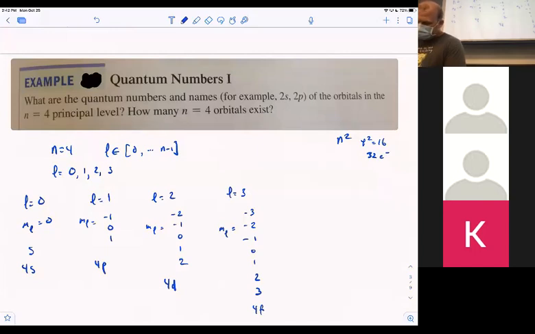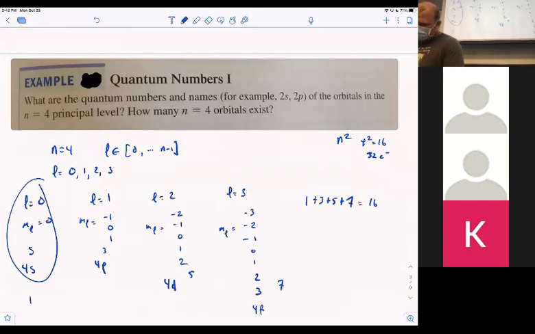There's one 4s, there's going to be 3 here. So we have 1, 3, 5, and 7. So 1 plus 3 plus 5 plus 7, 8 plus 8, 16. So we have 16 orbitals.